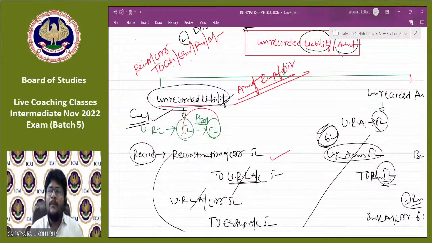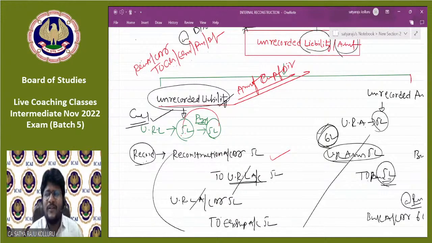Then in a particular year, if the company attains profits, it needs to pay the previous dividends payable as well as the current year dividend. That's why it is known as cumulative preference dividend. If any such arrears are available, we need to discharge them during the process of internal reconstruction.